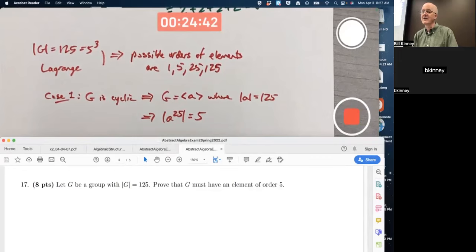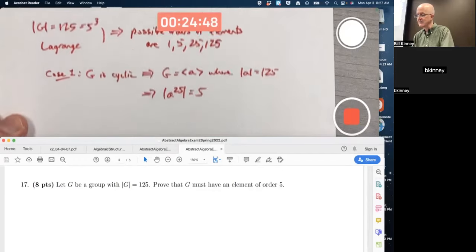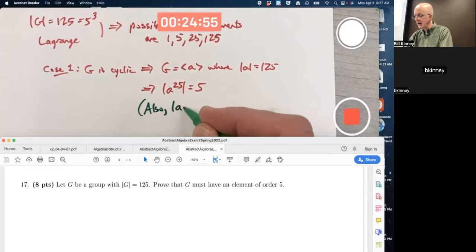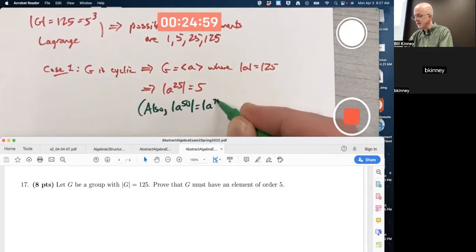Actually, you could say what all the elements of order 5 are here as well. If you wanted to, it's not necessary, but this is worth remarking. Also, A to the 50th would have order 5. A to the 75 would have order 5. A to the 100 would have order 5.